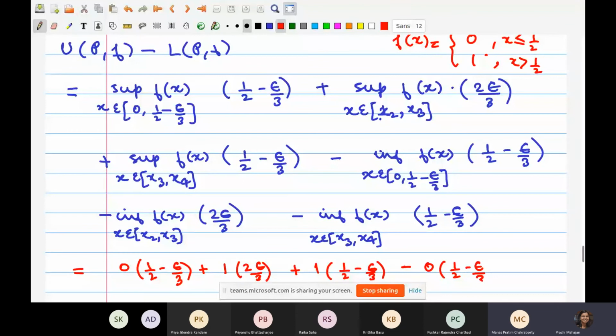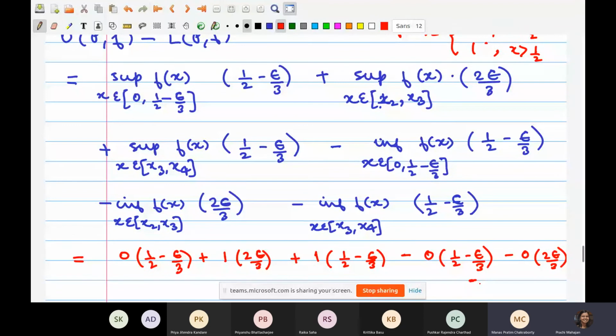Is everybody with me? Minus the infimum over this, which is again 0. And the last term, the infimum over [x3, x4], is 1. Is that correct? Yes, ma'am.